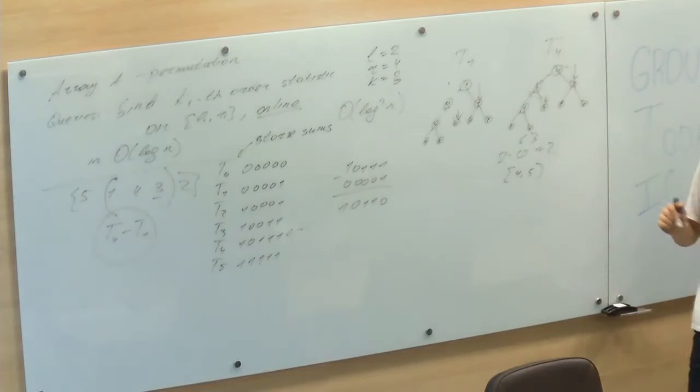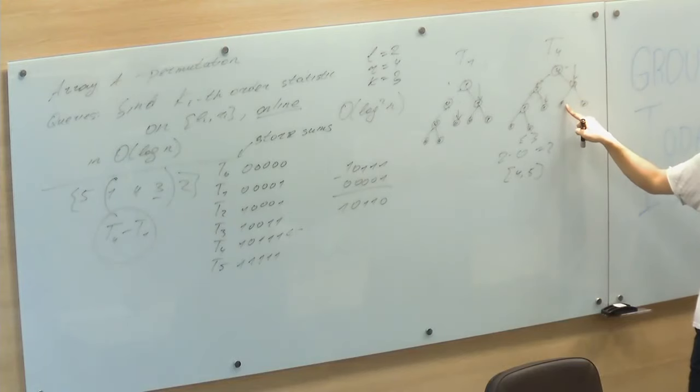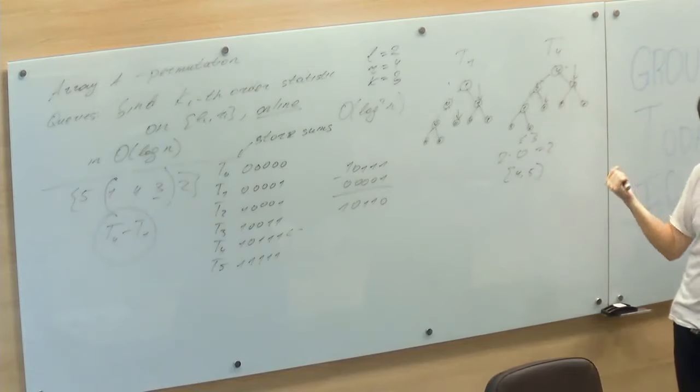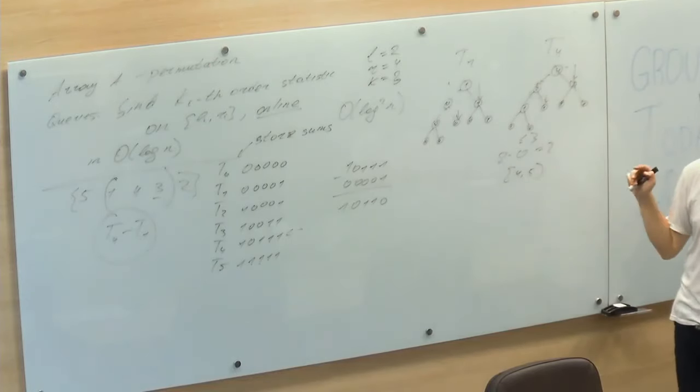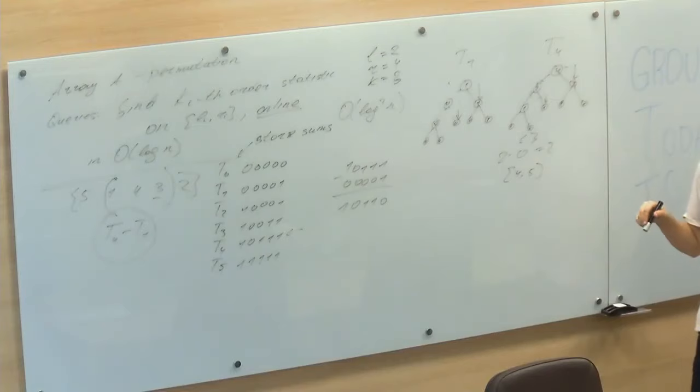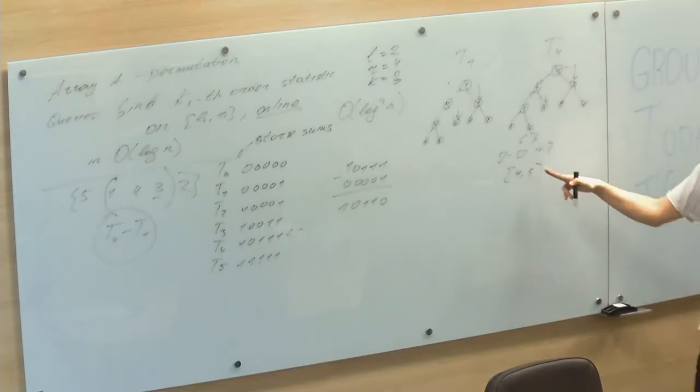Then we do the same. We look at the left subtree here and get that the number of values from 4 to 4 is 1, and that's what we need. We skipped two numbers from 1 to 3, and now we're finding the first number in the subsegment from 4 to 5.